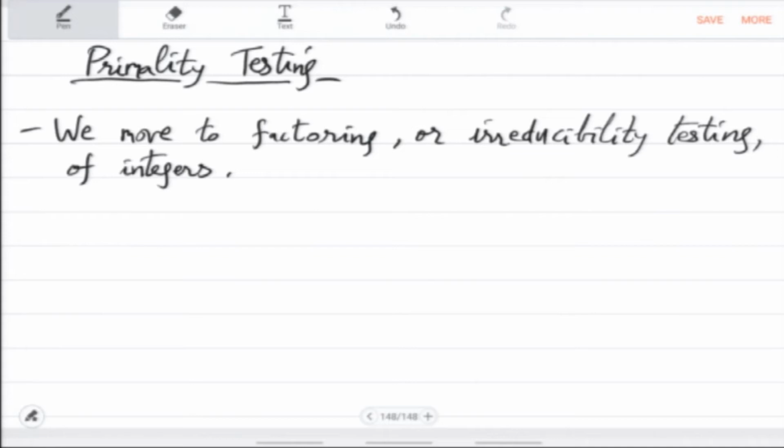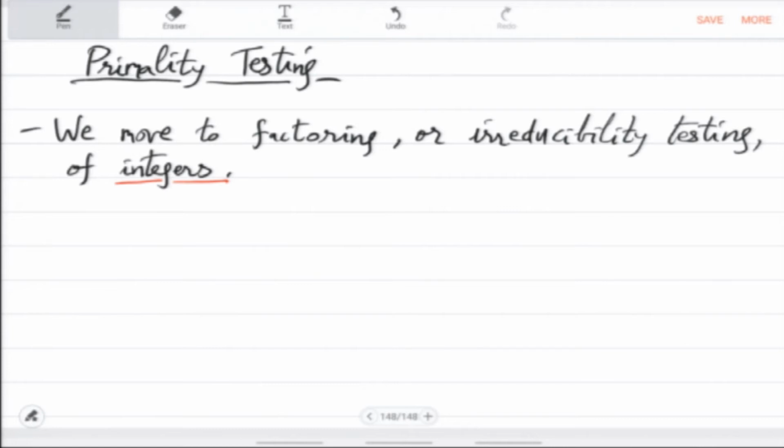So till now we have seen factoring and irreducibility testing of polynomials. That was what we saw in this course till now. Now we move to integers. And these questions in a way are harder. Okay, they need more specialized techniques than what you have seen till now.